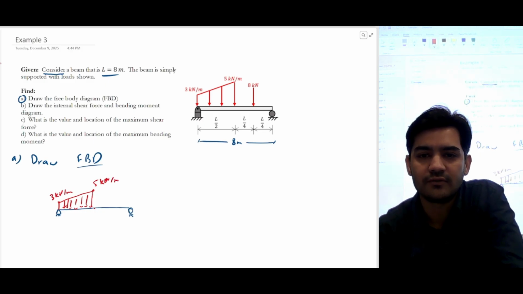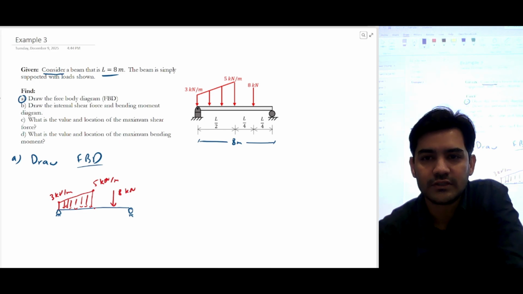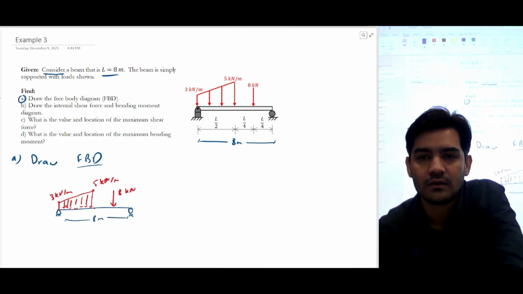And then we also have a point load of 8 kilonewton, and the total distance is 8 meters. For the trapezoidal load we have 4 meters, and for this we have 2 meters and 2 meters.